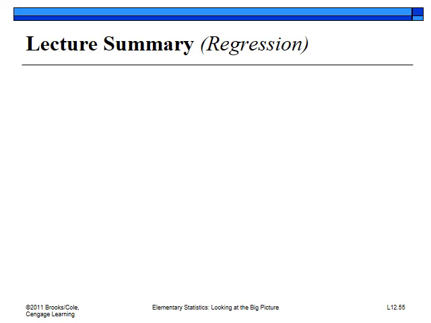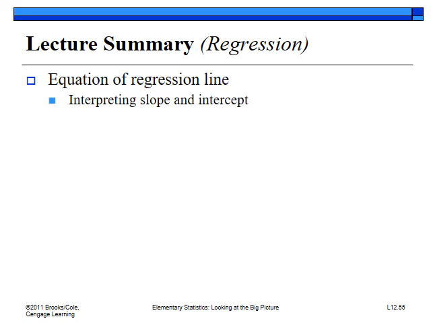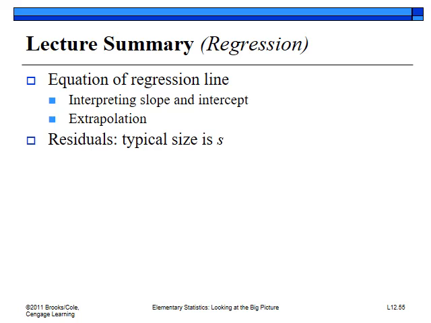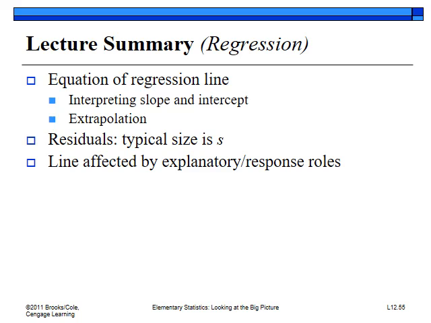To wrap up, we considered the equation of the regression line. From that, we looked at the slope and the intercept and how to interpret them. We talked about the dangers of extrapolation. We talked about residuals and how the typical residual size is S, the standard error. We talked about how the actual regression line will change if you switch the explanatory and response variables.